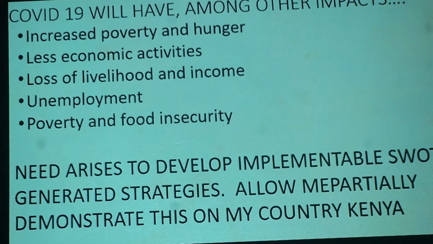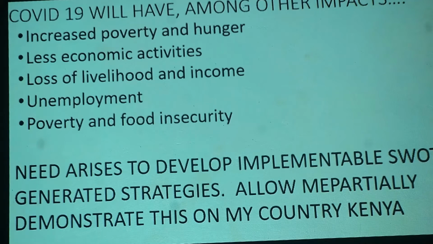Loss of livelihood and income. We have had breadwinners who have departed. Unemployment. Already quite a number of small enterprises have closed. Large enterprises have laid off people. So, poverty and food insecurity.